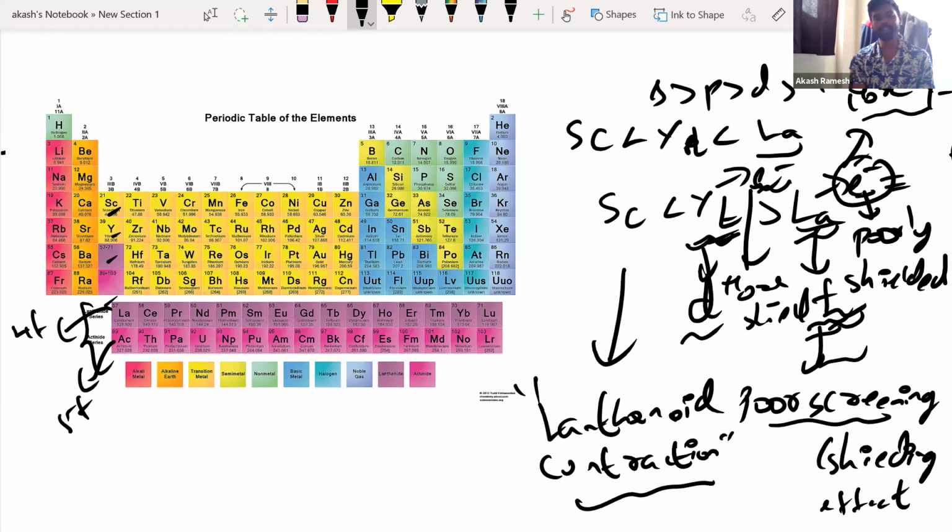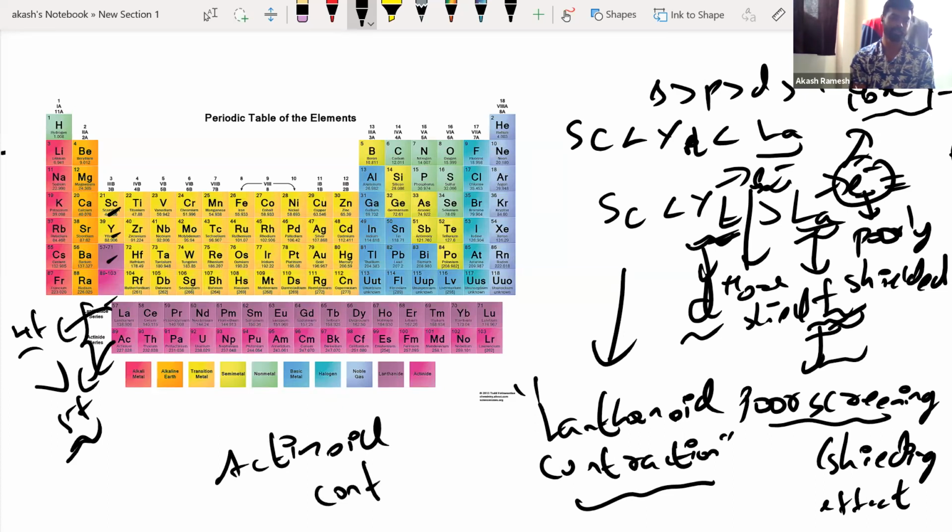Generally we don't discriminate between 4, 5 and 6, as I told you, but for f orbital, it matters. 5f has very poor screening effect compared to 4f. Are you able to understand? That is why we again have actinoid contraction. In that case, it is going to be called actinoid contraction.